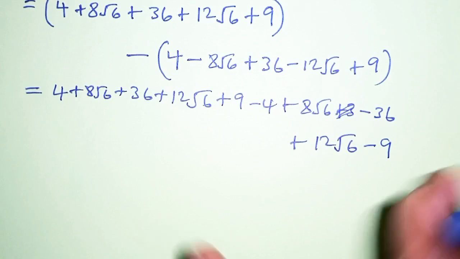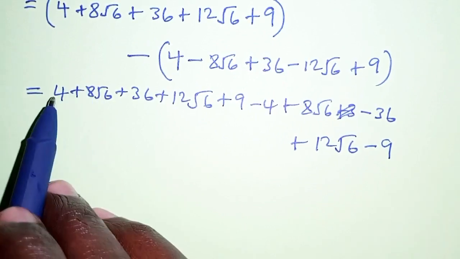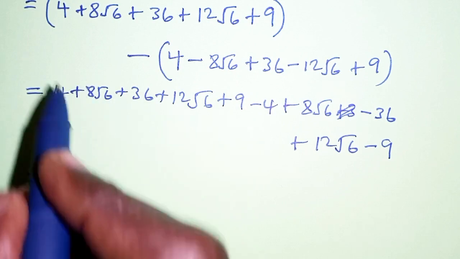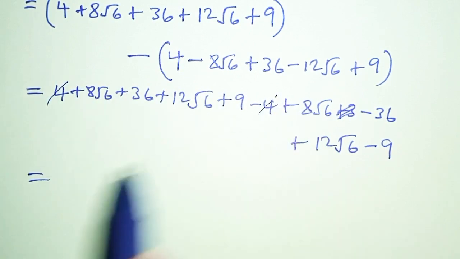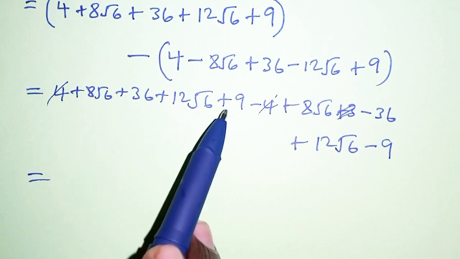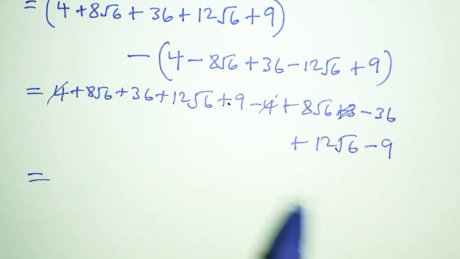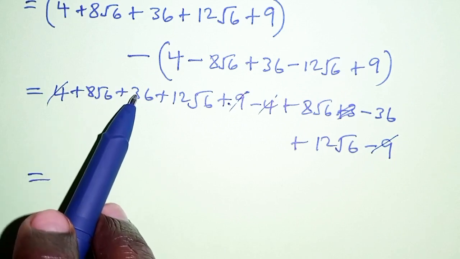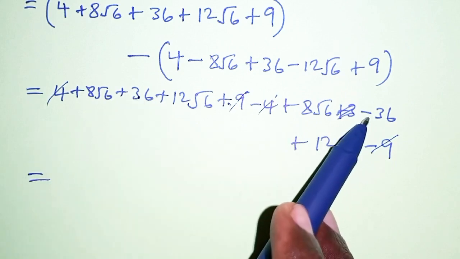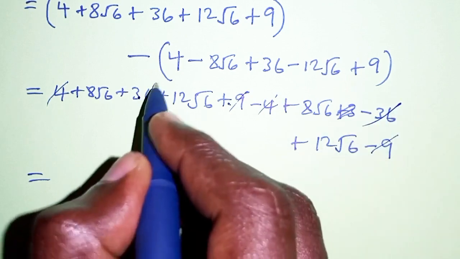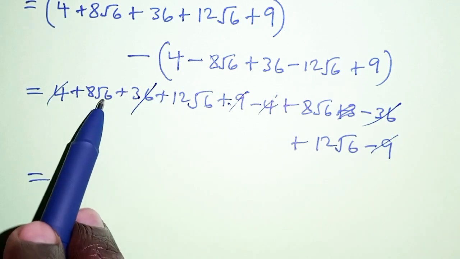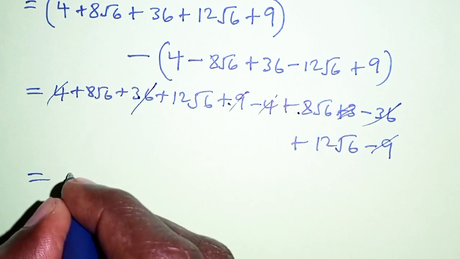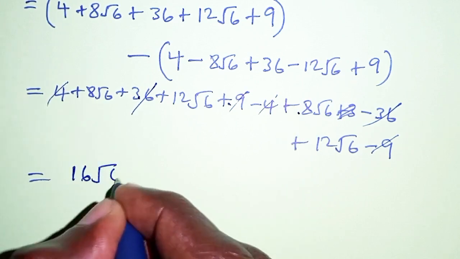And then we can now collect the like terms. So here we have 4 that will disappear. So let's just take it out. You also have here 9 and negative 9, this and this will also go. How about for 36? 36, negative 36, these will also go. 8 root 6, 8 root 6, both are positive, so we add so that we get 16 root 6.